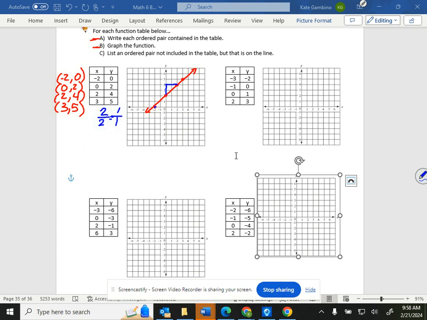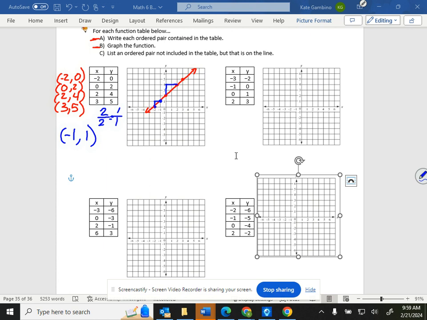So I can go to this ordered pair, this point, and I can go up 1, over 1, and I'm going to have another point on my line. So I know that is -1, 1. So it's not listed in my function table. I don't have my equation to be able to put in a different input, but I can remember how we used the slope. We can find that slope. So now I'm going to use the slope to find another ordered pair.